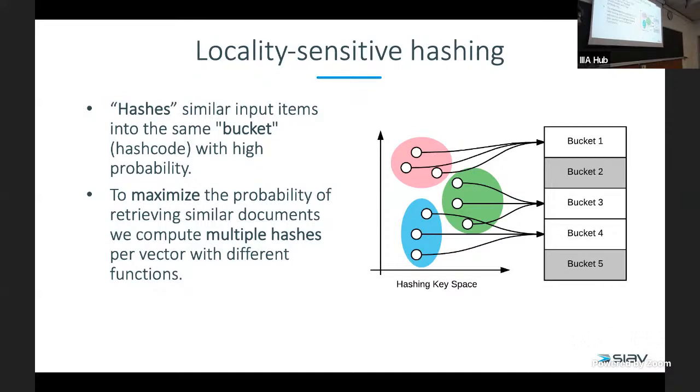So to maximize the probability of retrieving all of the similar documents, you compute several different hashes, which are several different versions of these buckets, using different functions, so that they are all shuffled around. And in our approach, we do the exact similarity computation among all the items that share at least one hash or one bucket with our query embedding.